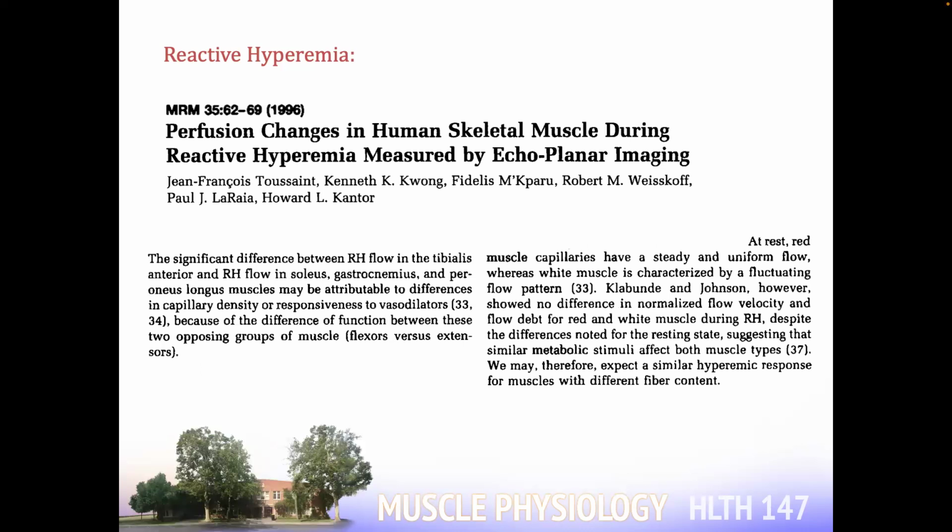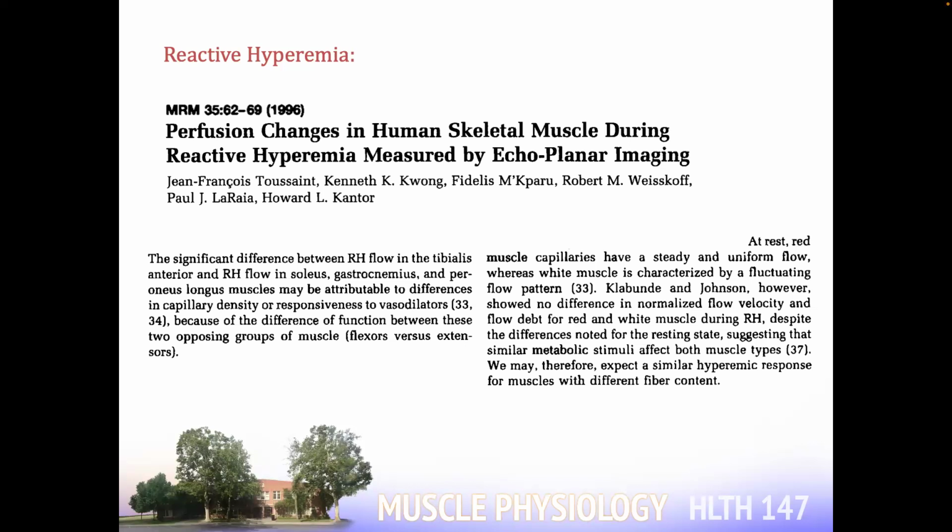And maybe there are differences in hyperemia between muscle groups and between fiber type. So the metabolic byproducts in a type 1 muscle and a type 2 muscle are going to be really different. Type 2 muscles have faster ATP consumption, so there'll be more lactate, more hydrogen ion accumulation.